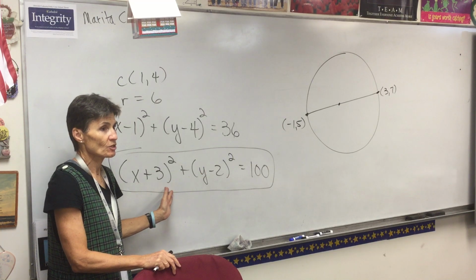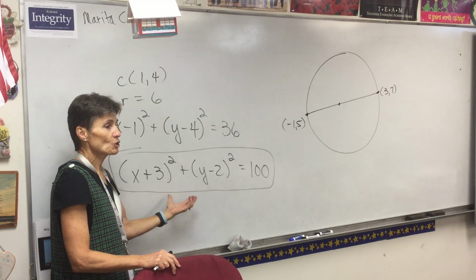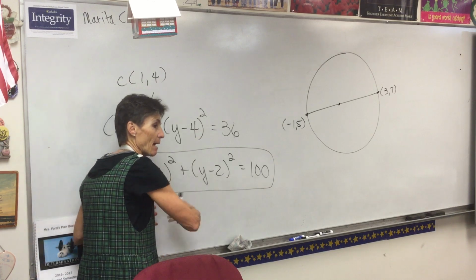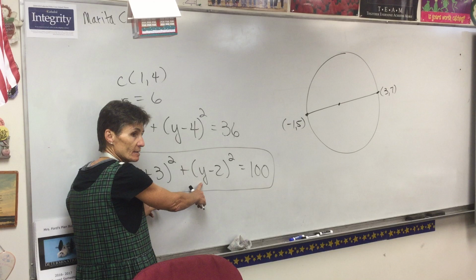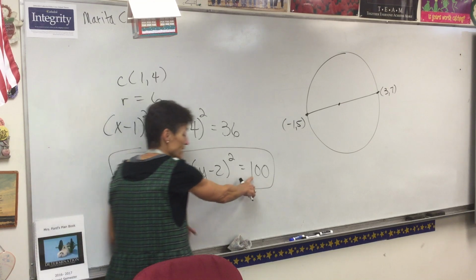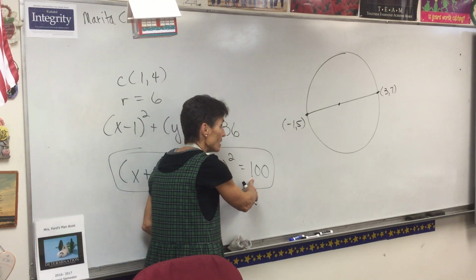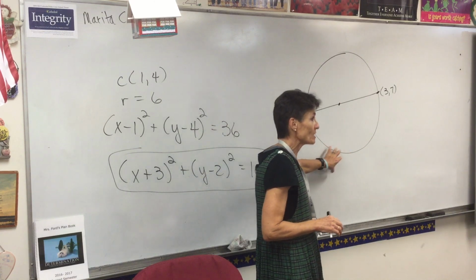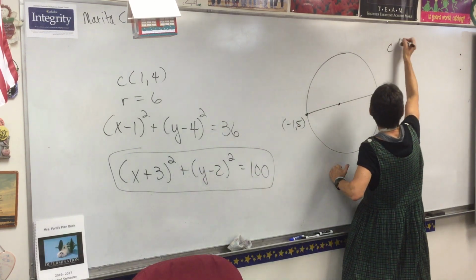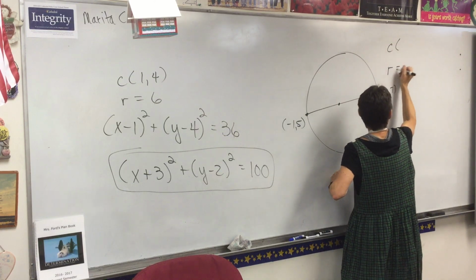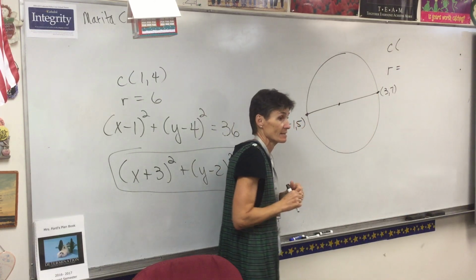You all just wrote the equation of a circle. What information did we have to make this happen? What did we need to know? We needed to know the center, and we needed to know the radius. So if we're going to write the equation, somehow we have to figure out what the center is, and somehow we have to figure out what the radius is.